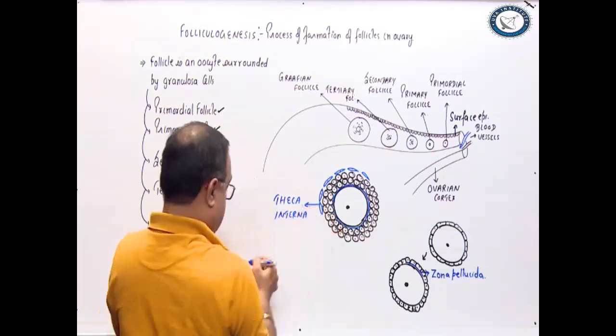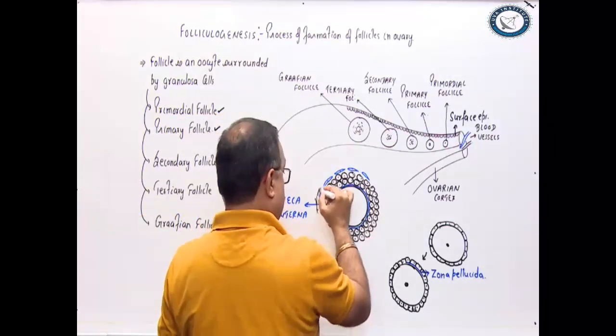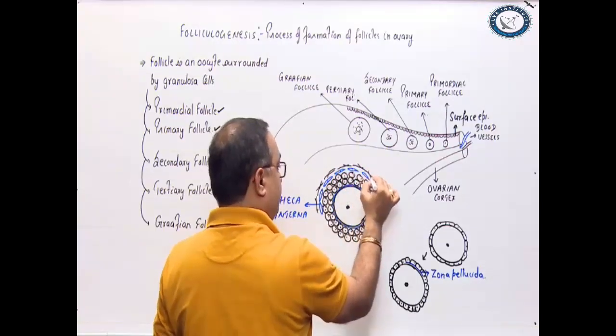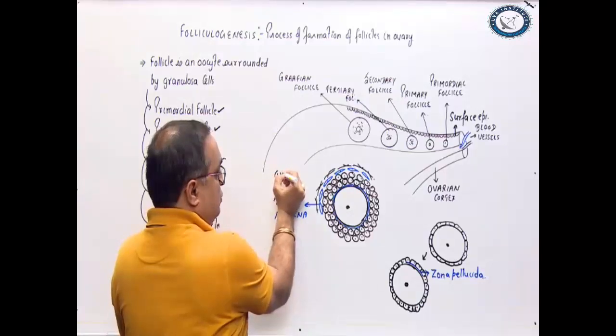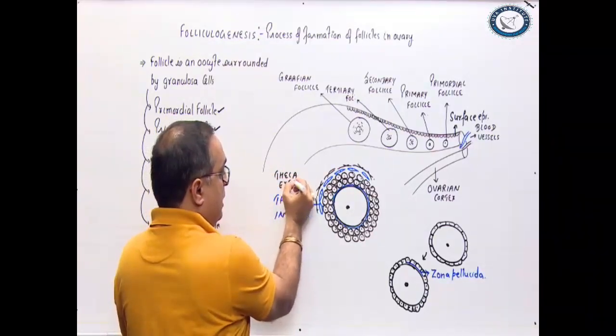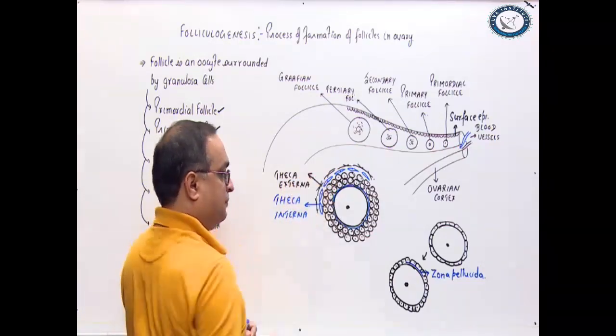Formation of theca interna and theca externa. It's a fibrous layer. This is theca externa. It is fibrous, it is avascular. So formation of the thecal layers, that is theca interna and theca externa, starts.